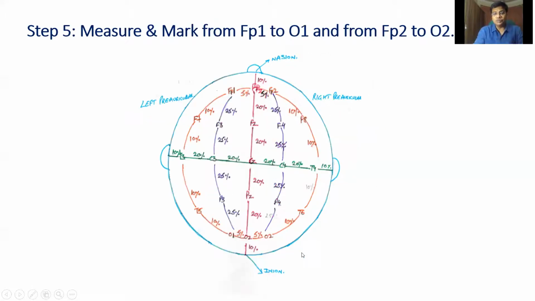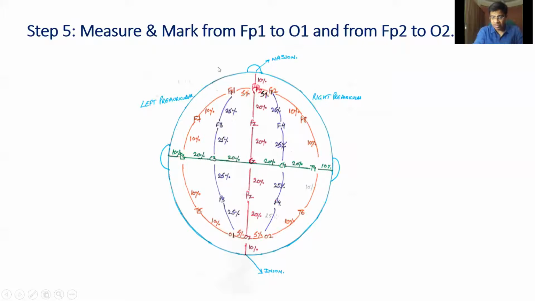What we need to do is take an inch tape starting from FP1, passing through C3, moving towards O1. Again, FP1, C3 to O1. Suppose this is 28 centimeters, just an example. Then FP1 to C3 will be 14 centimeters, obviously.